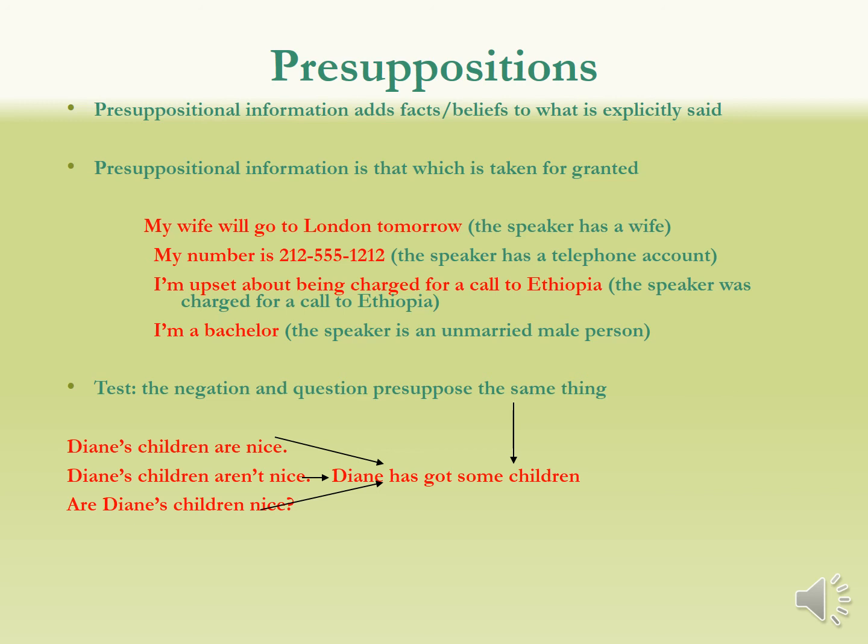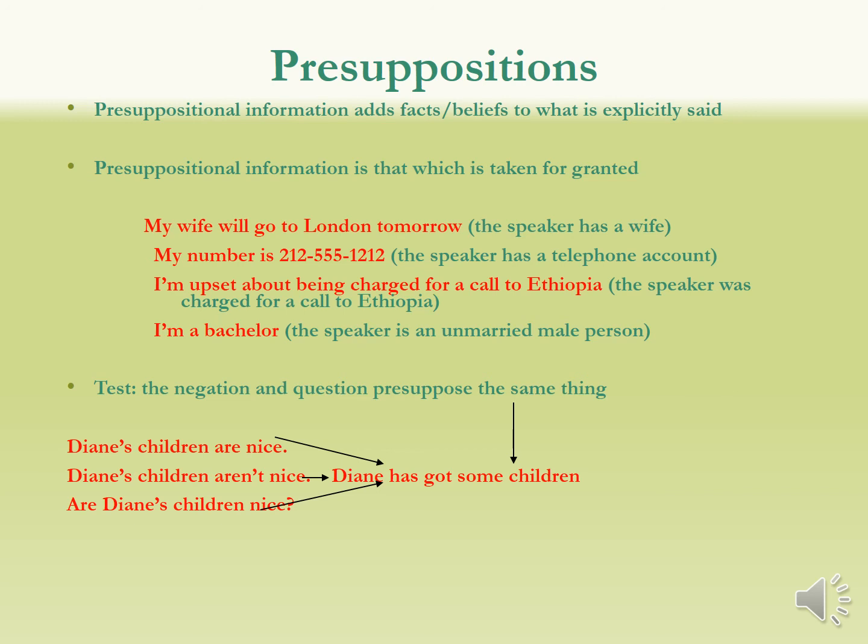My wife will go to London tomorrow. It means the speaker has a wife. After that, "my number is 212555112" means the speaker has a telephone account. After that, "I am upset about being charged for a call to Ethiopia" means the speaker called Ethiopia, so that he was charged.